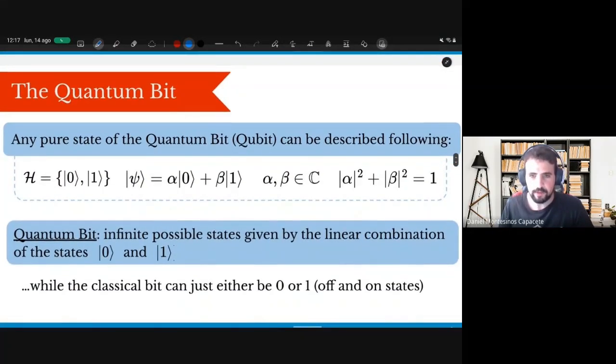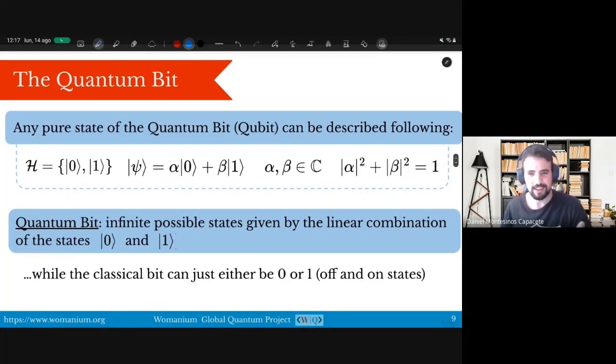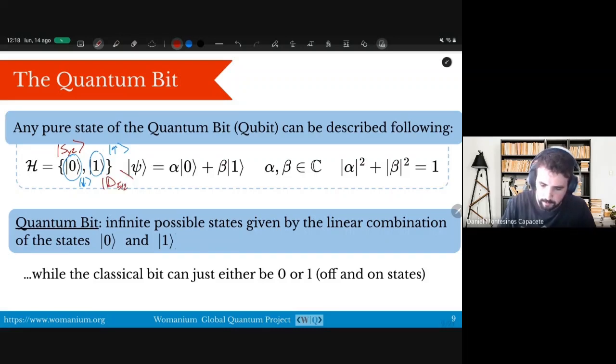So how do we write down the state of a qubit? We have already seen in this introductory course that we were working with vectors. So let's say you have a Hilbert space made of two states, 0 and 1, and this 0 and 1 can either be the up and down state of the spin, or it can be any energy level, the spin-half level, or these energy levels.